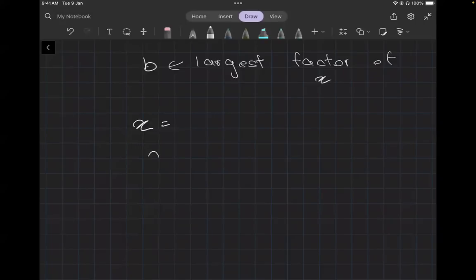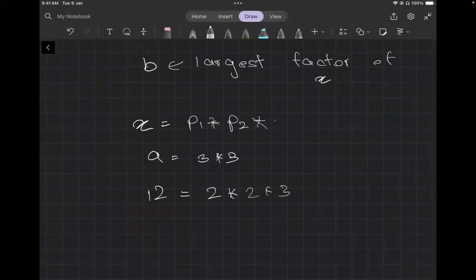This is for people who didn't know. For example, the number 9 can be shown as a product of two primes, 3 into 3. For example, 12 can be shown as a product of 2 into 2 into 3. So x can be shown as a product of many primes, P1, P2, P3, and so on and so forth.